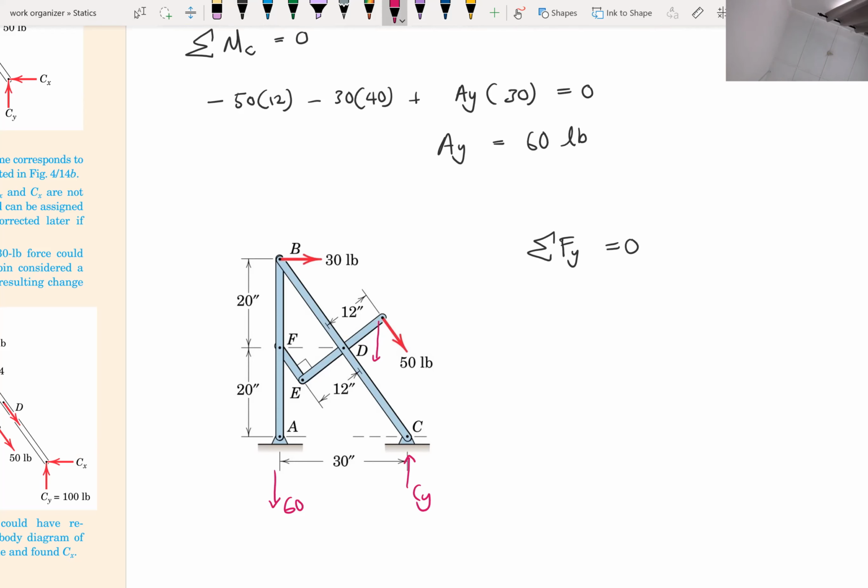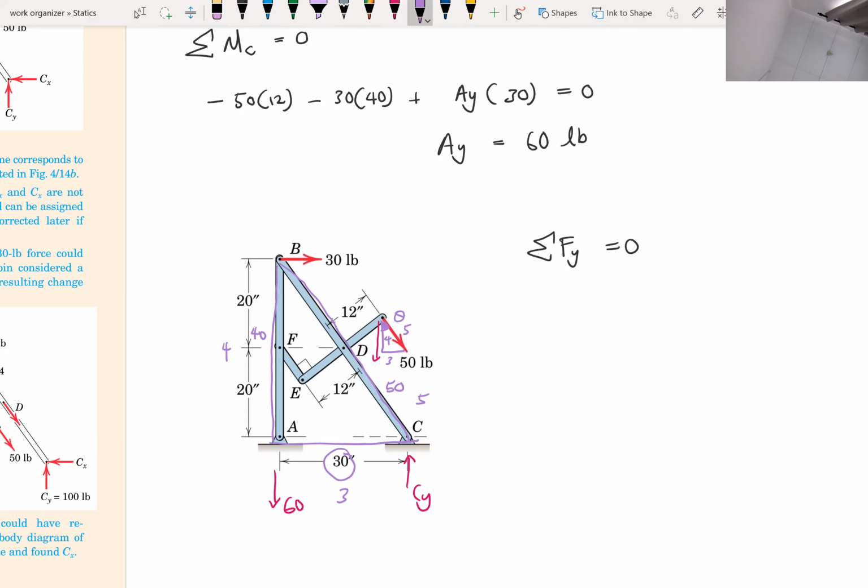We have to compute this in this way. We have to know the distance first. This is the bigger triangle: this is 40, this is 30, and this one we have 50. So the ratio is 4, 3, and 5, same for this one also. Let's say we take this angle as theta.